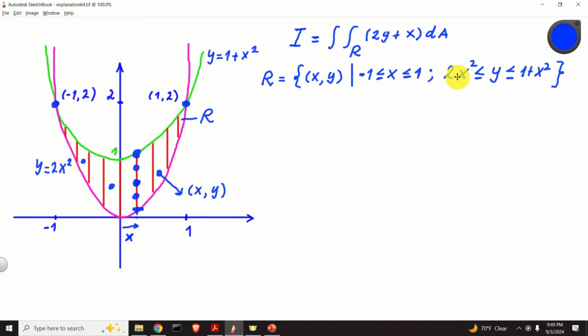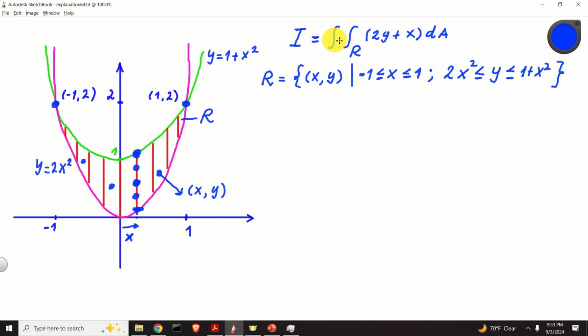So let's repeat. 2x squared is less than or equal to y, and y is less than or equal to 1 plus x squared. That is, the y coordinates, when x is fixed, are from this parabola to this parabola, and the lower parabola has this equation, 2x squared. That's why we have 2x squared over here, and the upper parabola has an equation 1 plus x squared. That's why we have here 1 plus x squared.